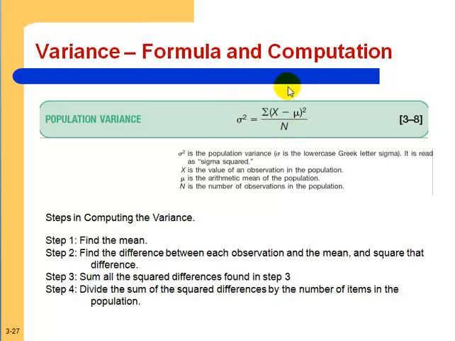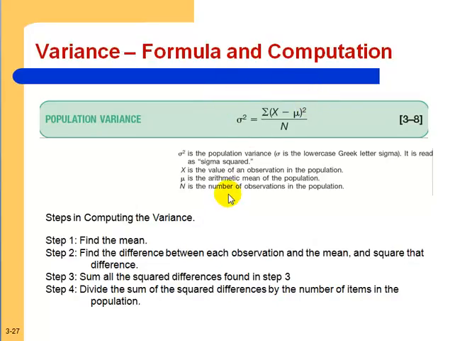So how do we find the variance? First step, we need to find the mean of the population. Second step, we find the difference between each observation and the mean and square that difference, because the variance is trying to find out how the data spread, how each value deviates from the mean.